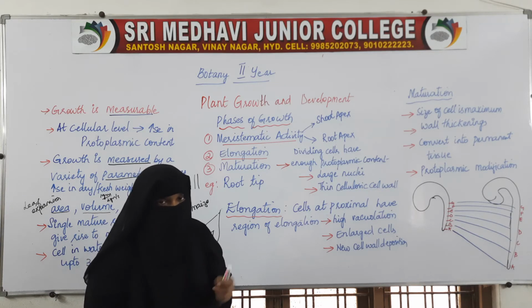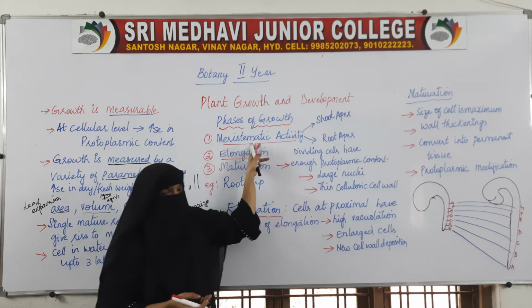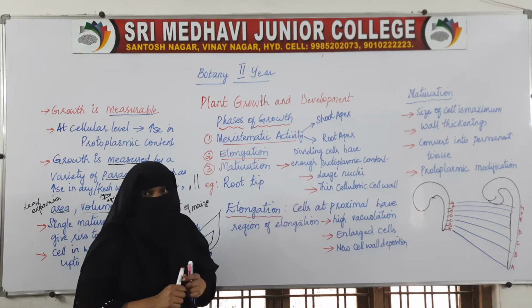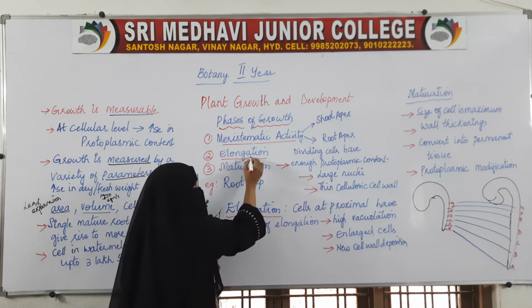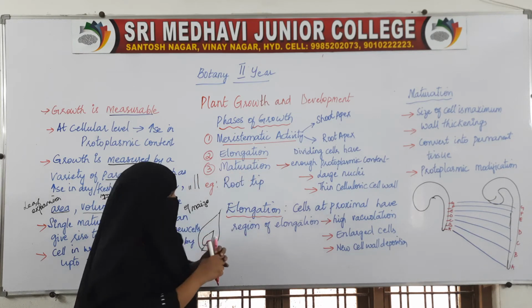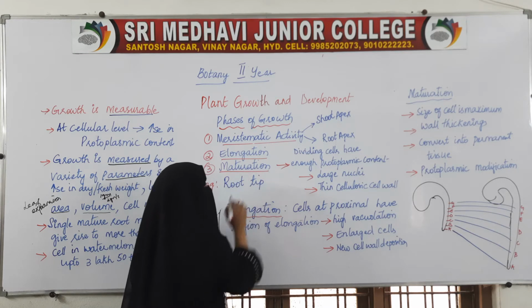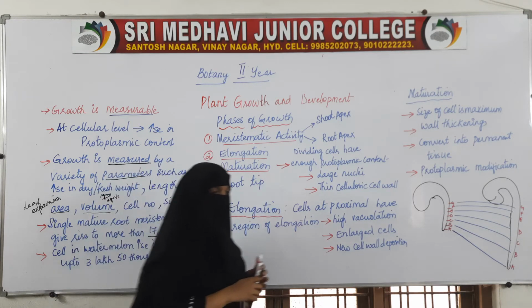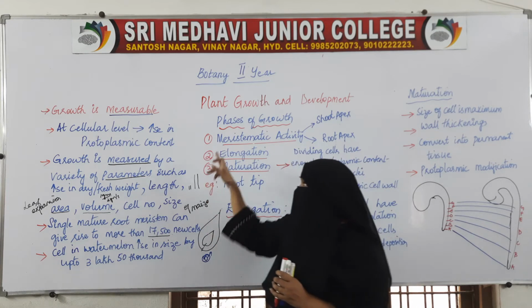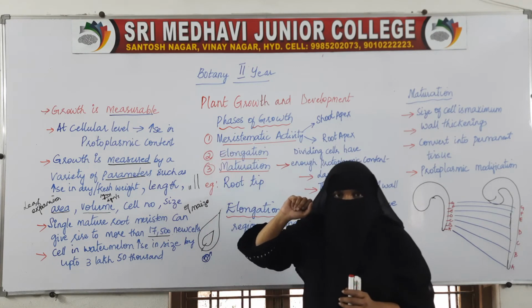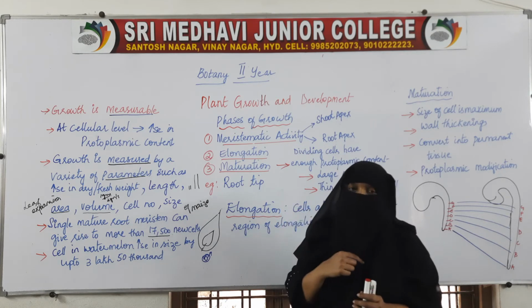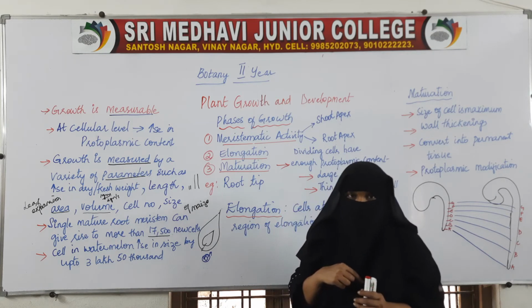When cells are added, growth is taking place, and after this meristematic activity, growth enters the second stage, the elongation phase, and next is the third phase, which is called the maturation phase. Growth takes place in three phases. First is meristematic activity, second is elongation, and the third is maturation.